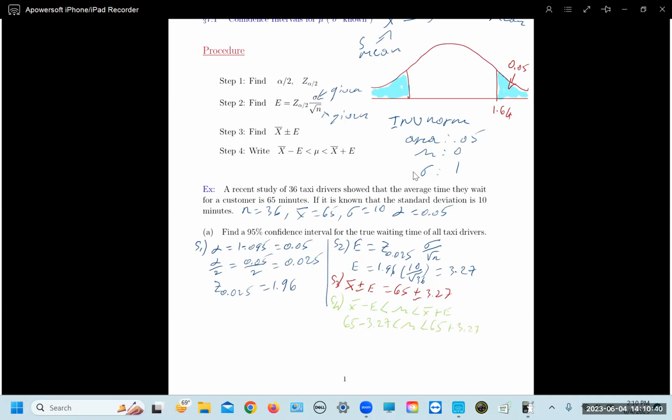After calculation, we got 61.73 less than mu less than 68.27.